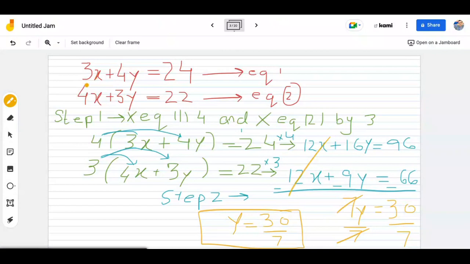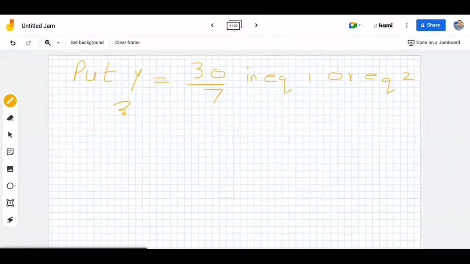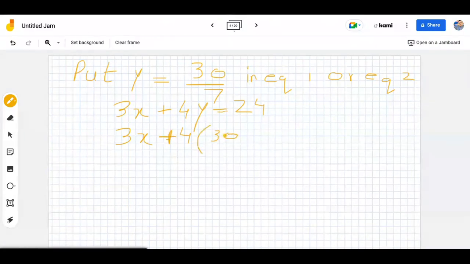Let's take equation number 1, 3x plus 4y equal to 24. Write here 3x plus 4y equal to 24. We can replace y by 30 by 7.